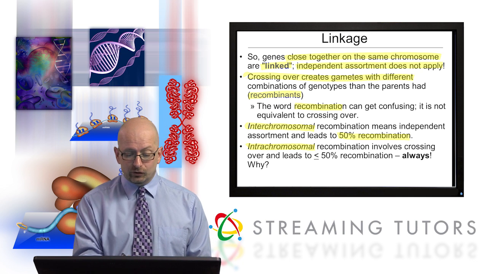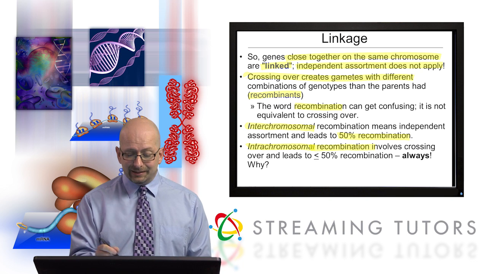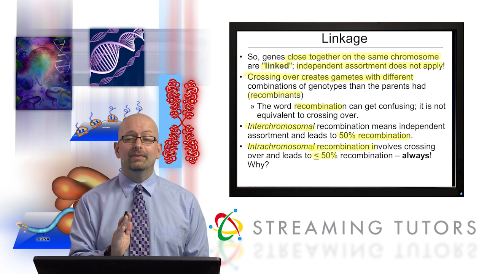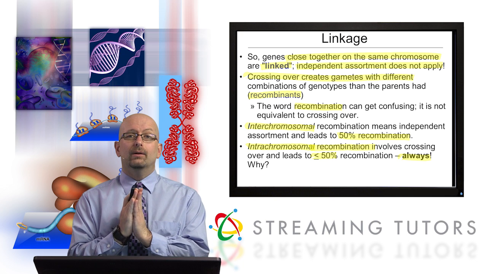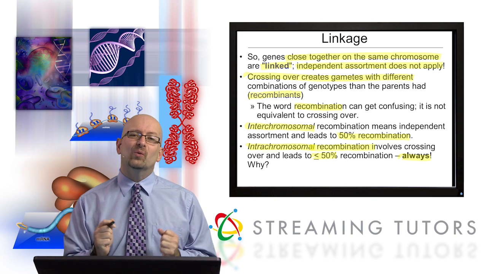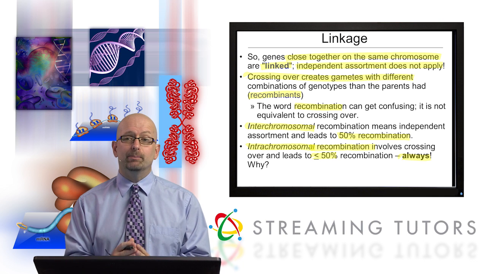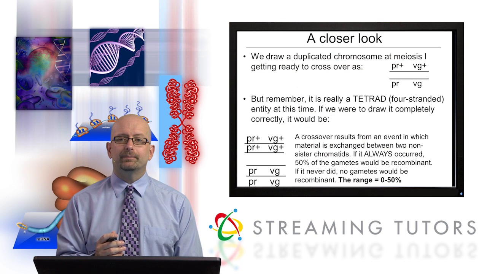Intrachromosomal, meaning within the same chromosome, is what crossing over is, and that leads to less than or equal to 50% recombination. We'll see why in a minute. In other words, whether it's through independent assortment or crossing over, you can never get more than 50% recombination. Let's check out why that is.